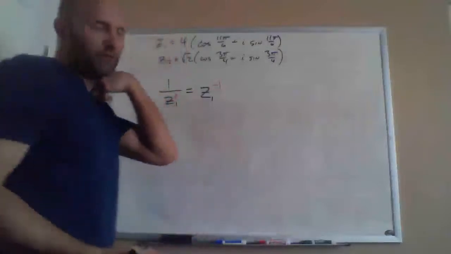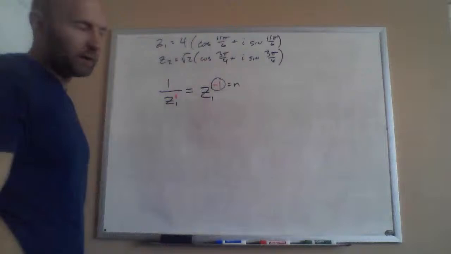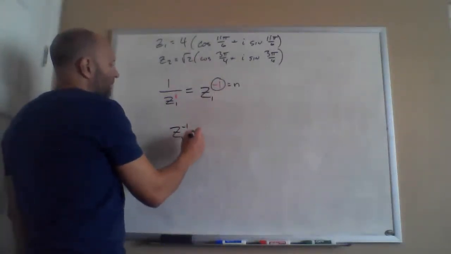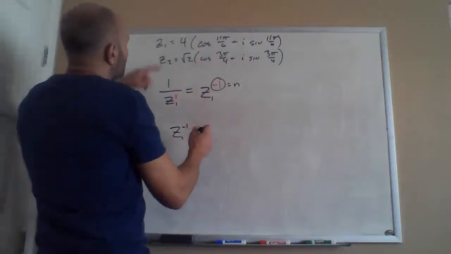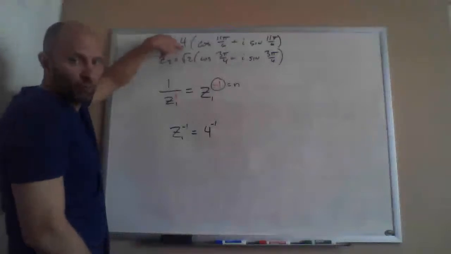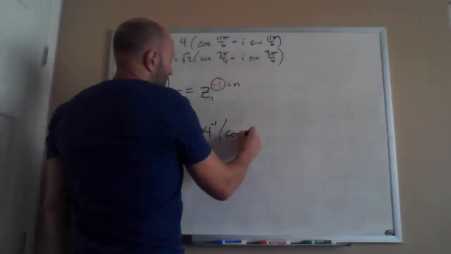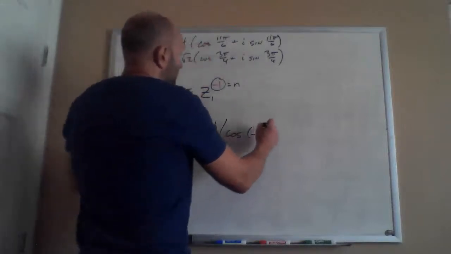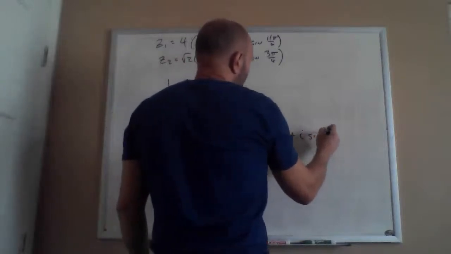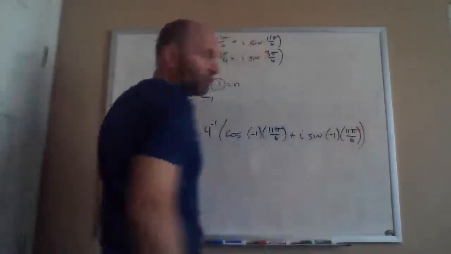So I'm going to use De Moivre's Theorem with my n equal to negative 1. So we have Z1 to the negative 1 is my R, 4, to the nth power, negative 1, and then cosine of n, which is negative 1, times theta, 11 pi over 6, plus i sine of negative 1 times 11 pi over 6.